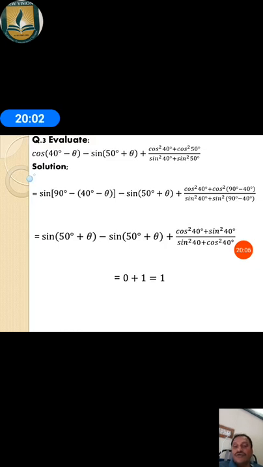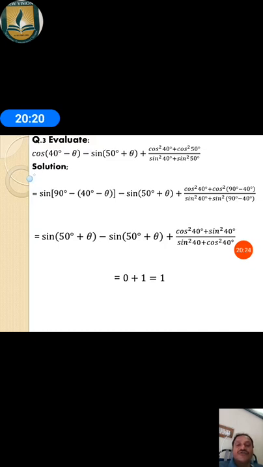Now in the second step, sin(90 minus 40 minus theta), if you simplify 90 minus 40, 50, minus into minus plus theta, sin(50 degrees plus theta) minus sin(50 degrees plus theta) plus cos square 40 plus sin square 40 by sin square 40 plus cos square 40.